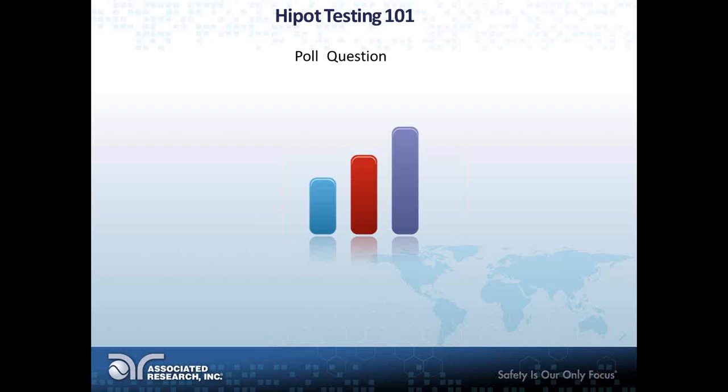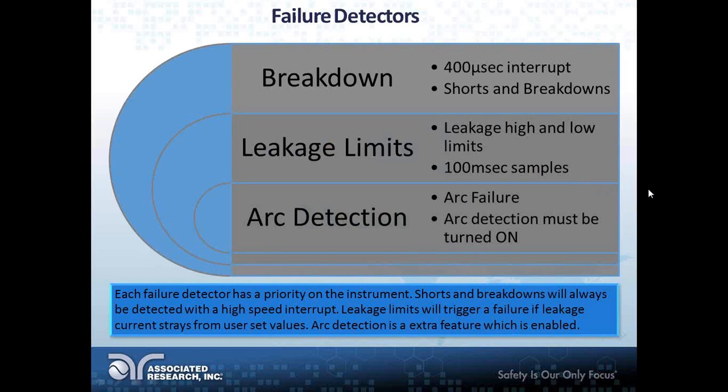All right, thanks a lot, Allison, for sharing the poll results with us, and thank you all for participating in this poll and helping us understand how many of you are actually required to perform the 500 VA.